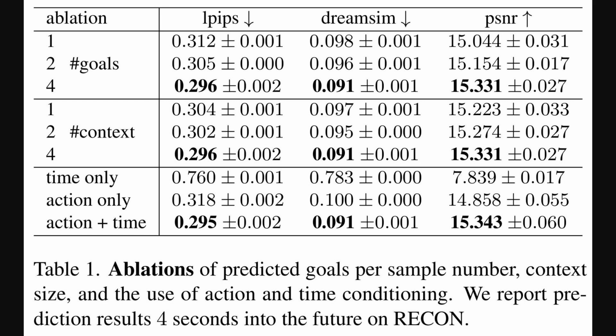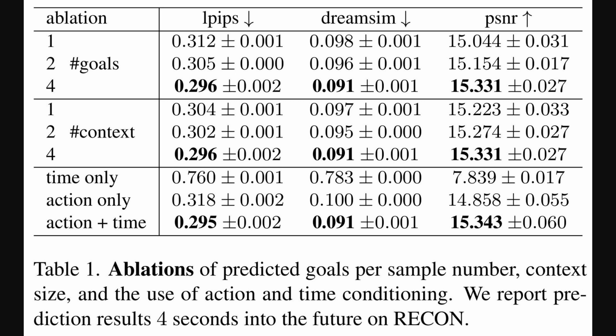Okay, so after seeing how the Navigation World Model stacks up against other methods in Figure 4, Table 1 now gives us a closer look at how different design choices within the model itself affect its prediction accuracy. This is an ablation study, where researchers tweak parts of the model to see what really matters.